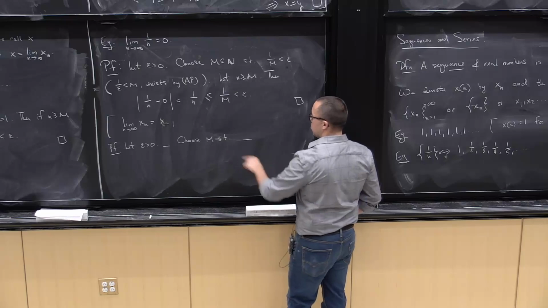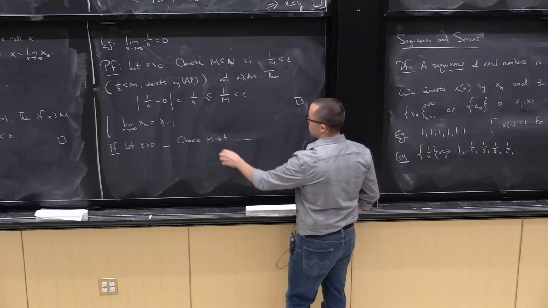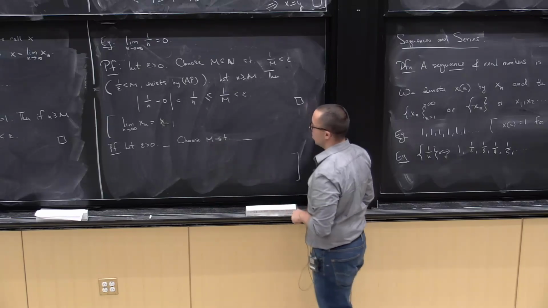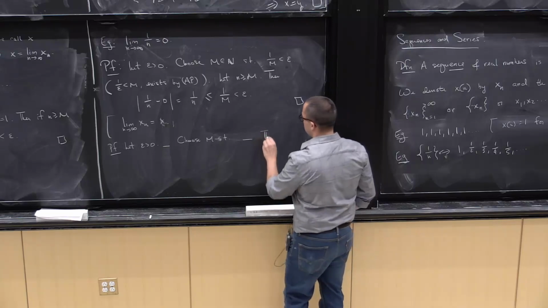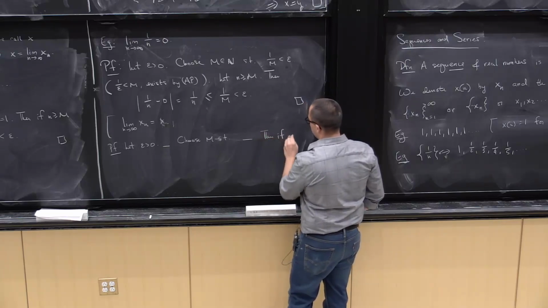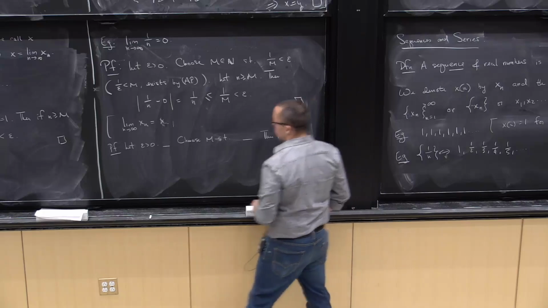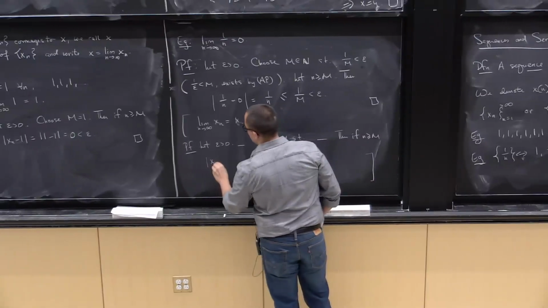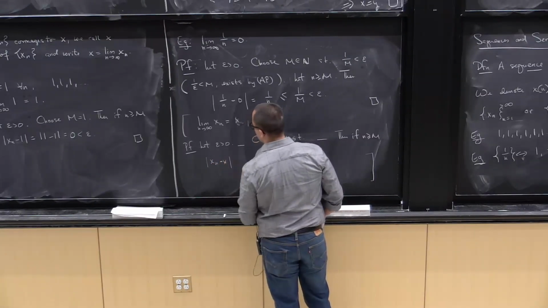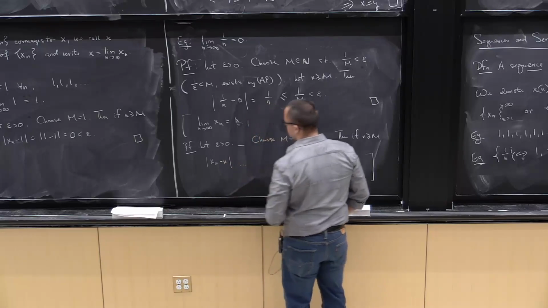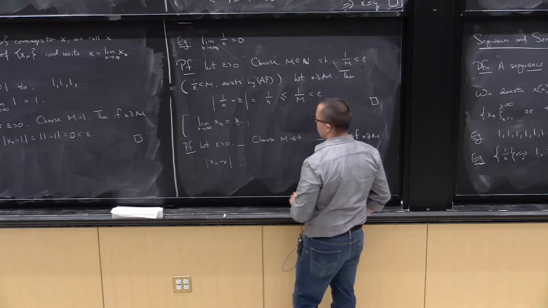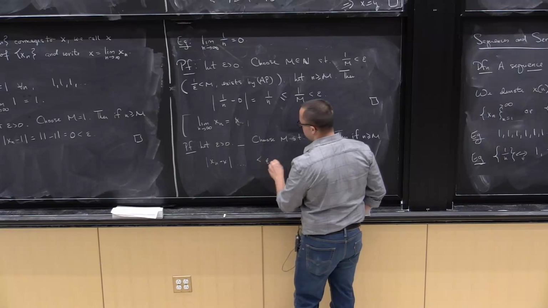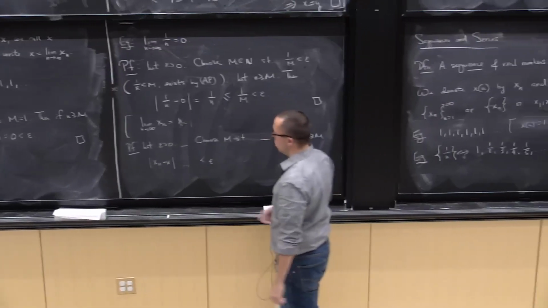And then the next part of the proof should be showing that this capital M works, all right? So then, if n is bigger than or equal to capital M, you should show that it works by looking at x of n minus x, doing calculations or inequalities, and arriving at this being less than epsilon, which is what you're wanting to prove, right?